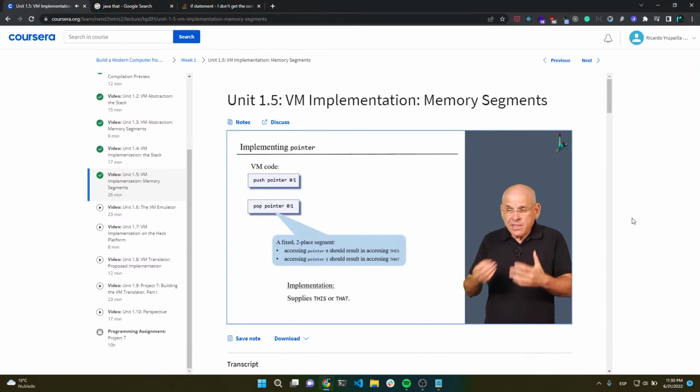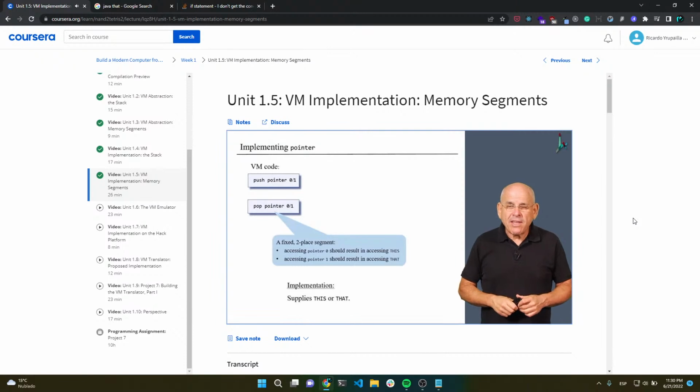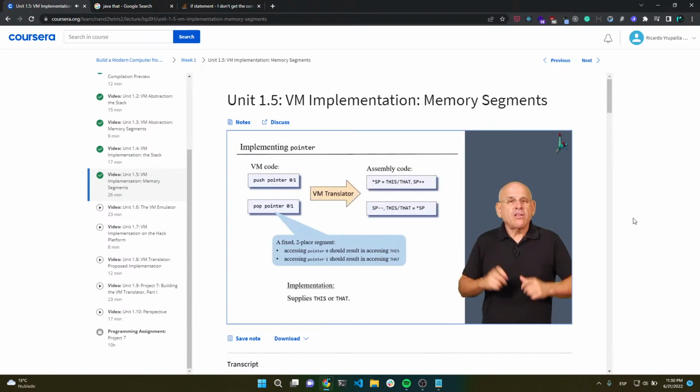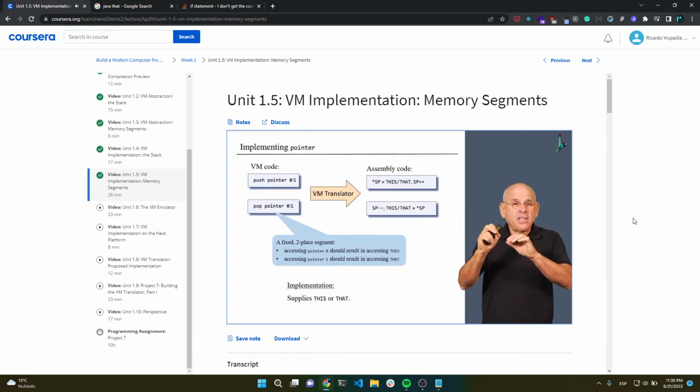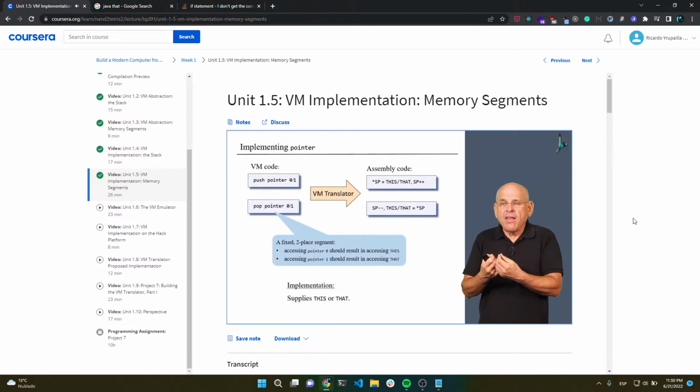So with this in mind, or with that in mind, as you please, let me say a few words about how we actually do this implementation. So the push pointer 0 command should be implemented as follows. You want to create assembly code that realizes the abstraction *sp equals this, followed by sp++.